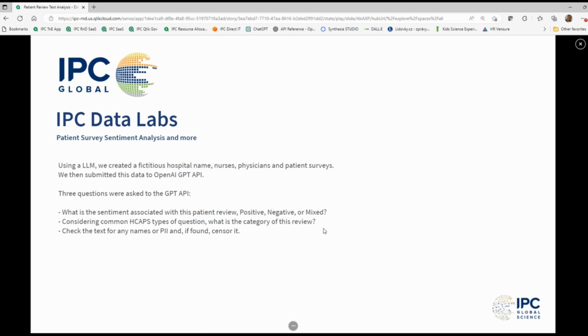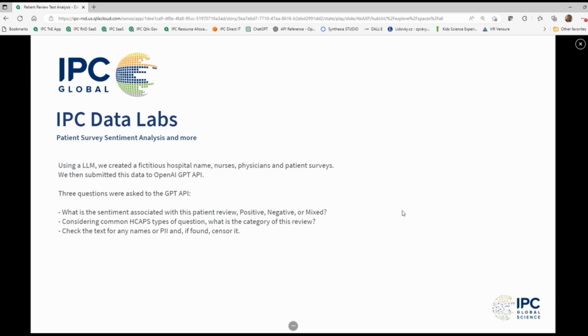Second question, considering the types of questions asked, what is the category of this review? And then finally, check if there are any names or any personally identifiable information about the patient or about employees of this fictional hospital. If so, censor it.